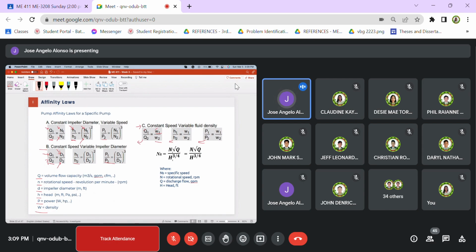Then ma-acquire natin ang bagong speed, bagong flow rate, or bagong head ng ating pump using this equation. Or everything is associated here with the specific speed as long as dapat parehas yung ating ginagamit na unit. So this is used mostly for the similar pumps.